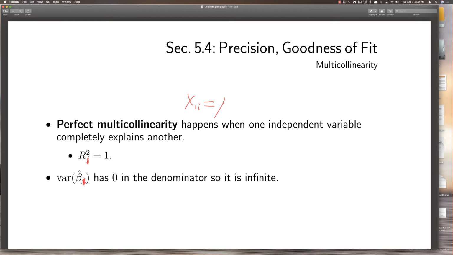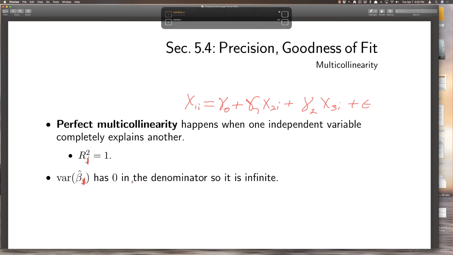This hypothetical distribution, sorry, I need to do gammas here: gamma naught, gamma 1, x2 i plus gamma 2, x3 i plus epsilon, right? This r squared is the r squared from this regression. When it's 1, the beta 1 variance is 0 in the denominator and it's infinite.